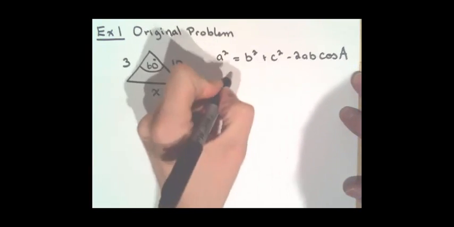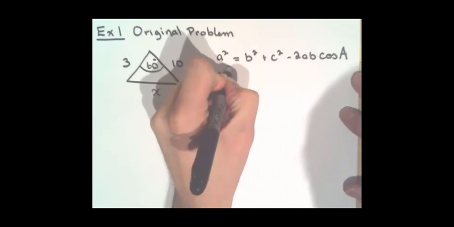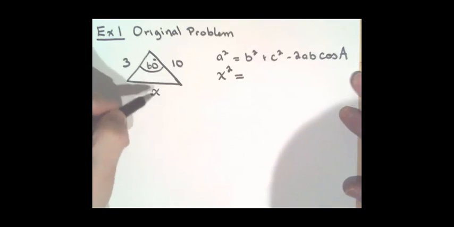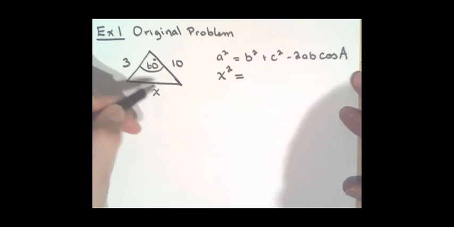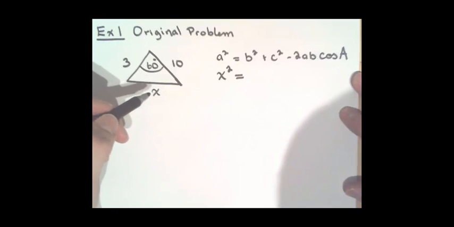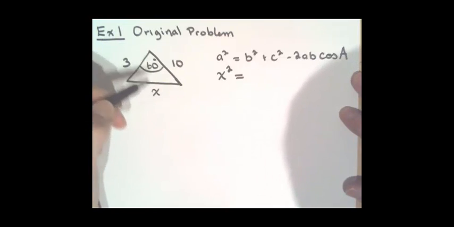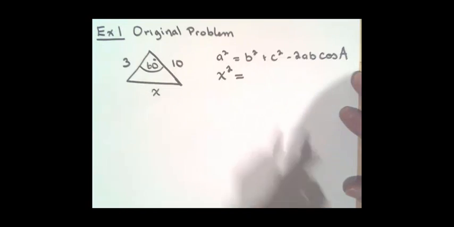So a in this triangle is x, and we need to square it. Then the next step, the angle that's basically corresponding with x is capital A.